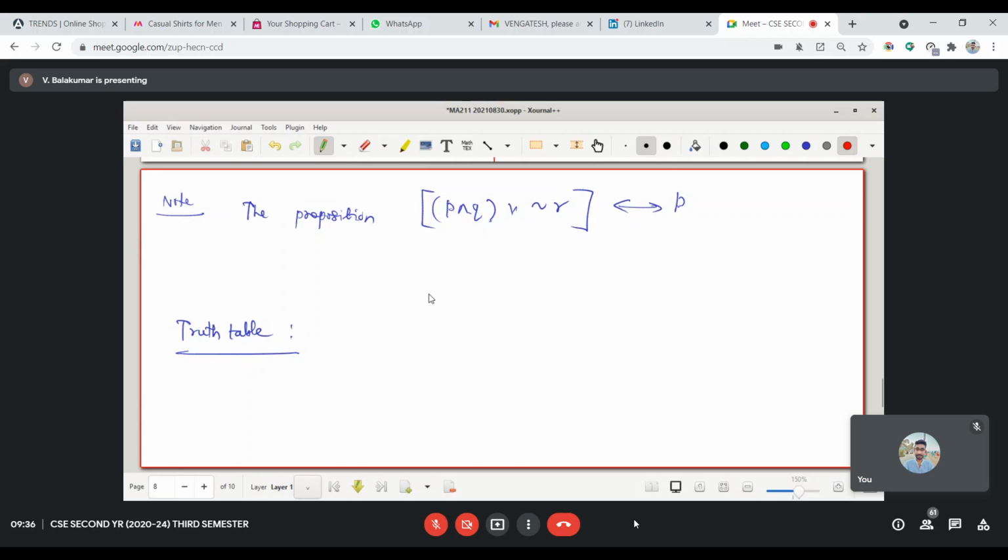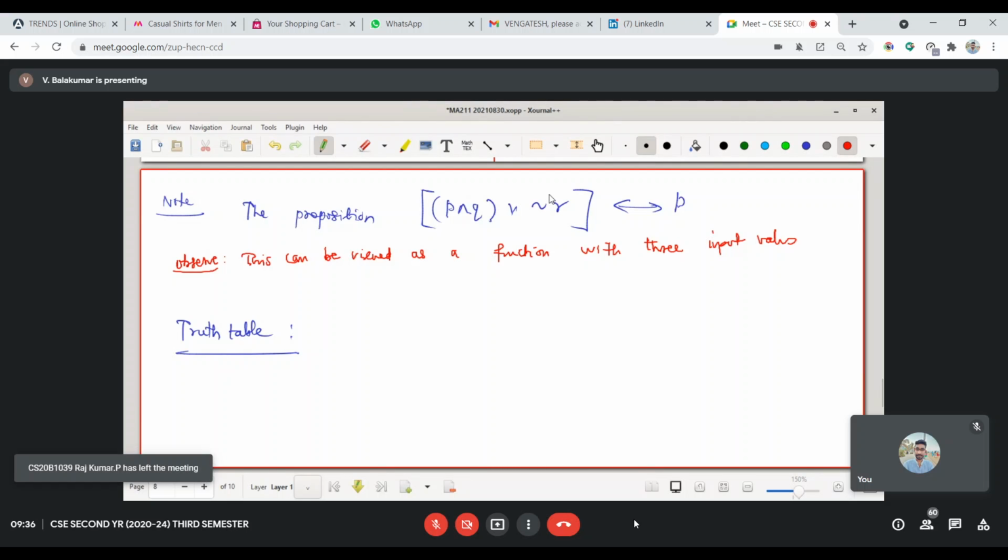Before that, observe this can be viewed as a function with 3 input values. P, Q, R are input values. Do you see that?